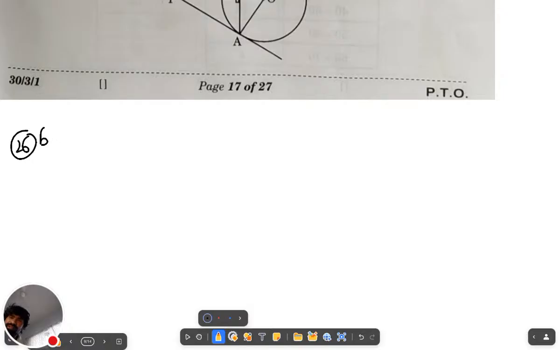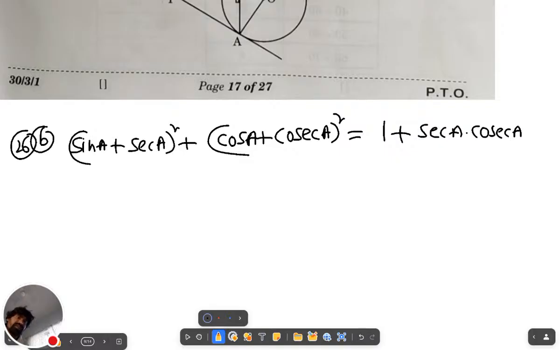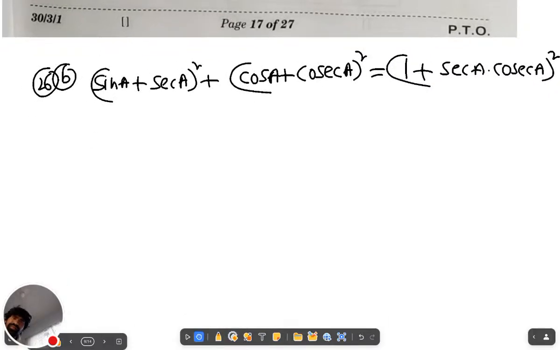Sin a plus sec a whole square plus cos a plus cosec a whole square is equal to 1 plus sec a cosec a whole square. So this is what we have to prove.